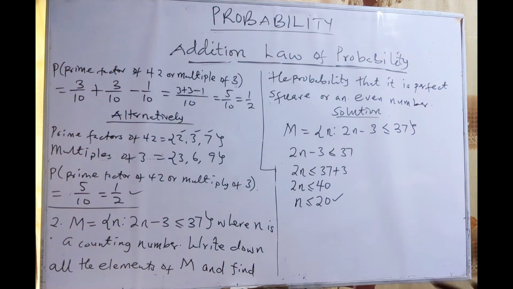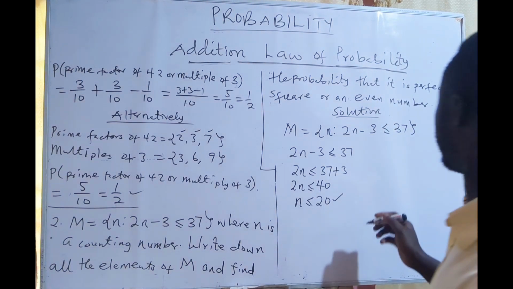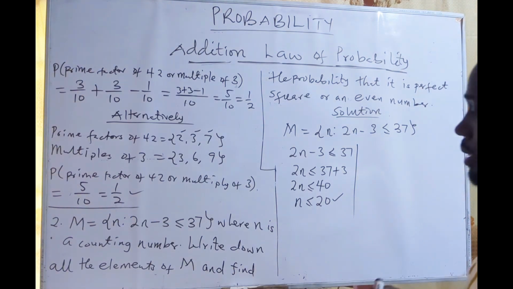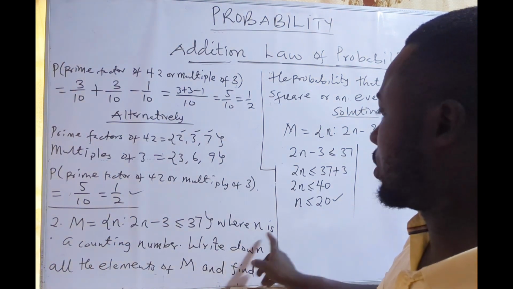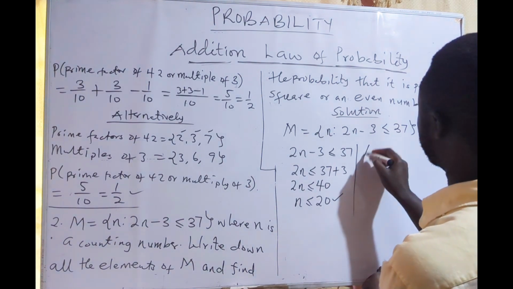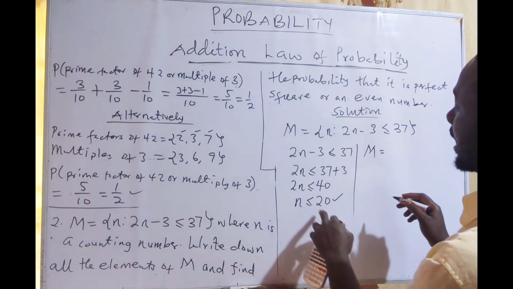So n is less than or equal to 20. We are supposed to write down all the elements of M. So it means that my M is, and what is n? N is a counting number. So a counting number starts from 1. So n is less than or equal to 20.